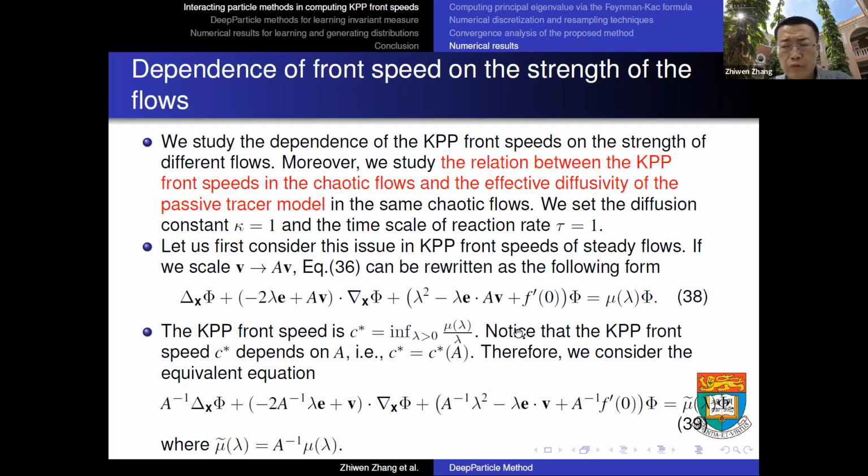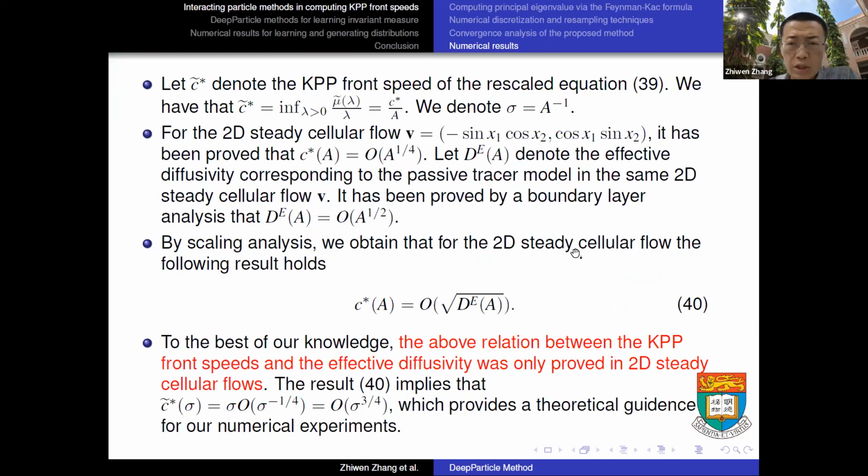For some pure PDE people or physicists, they are interested in power laws, for example, how does this c star depend on A, where A is the magnitude of your velocity? How do you get a power law for this relationship? To do this, we do some scaling analysis. In the literature, for the 2D cellular flow case, people can rigorously prove this relation: c star of A equals A to the power 1 over 4.